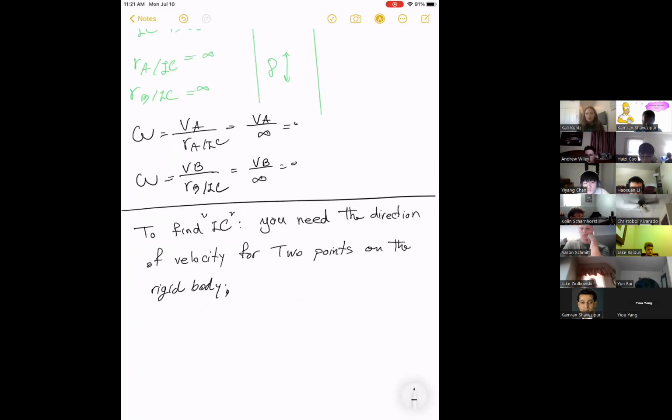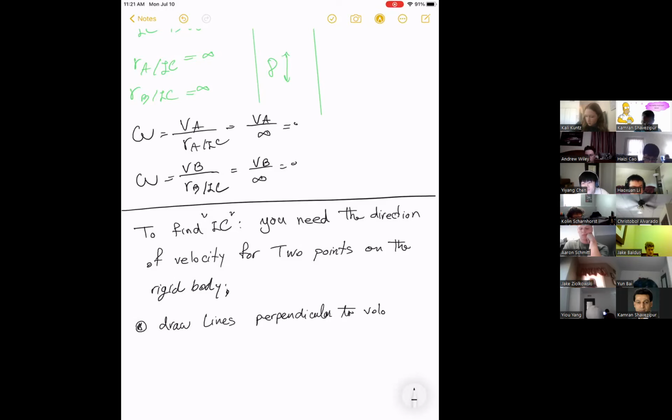Now, if you have the two velocities, how do you do it? Draw lines perpendicular to the two velocities. The intersection is IC.